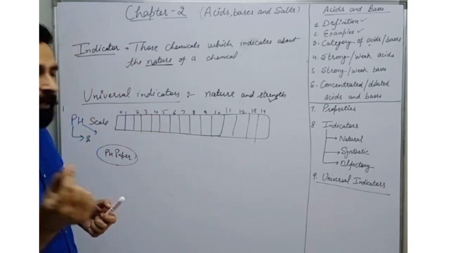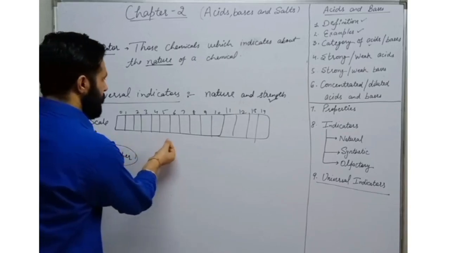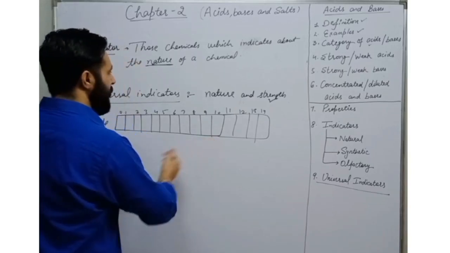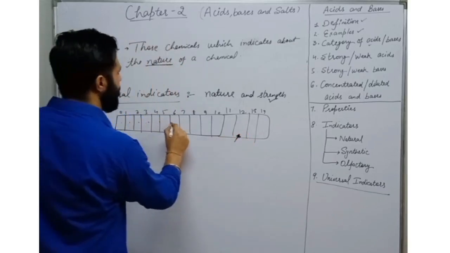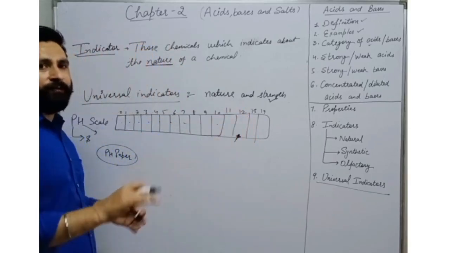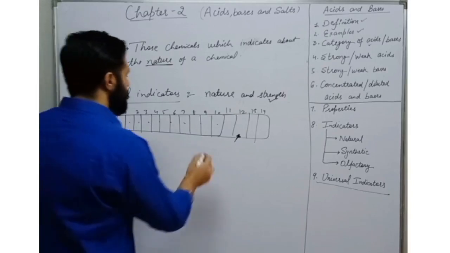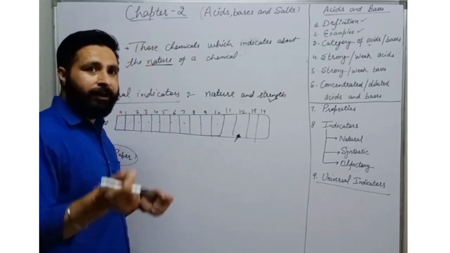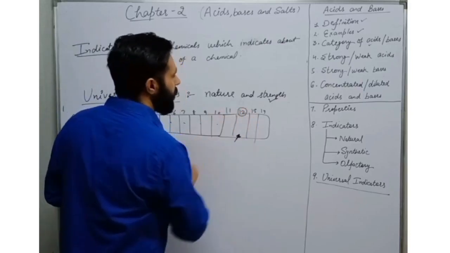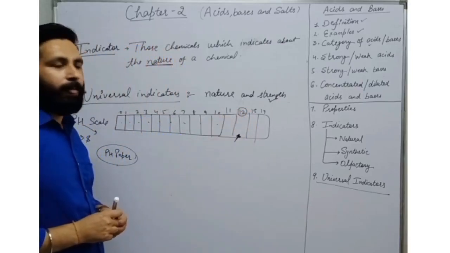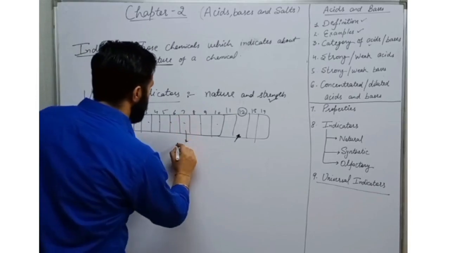Now match the color with this scale. Suppose its color matched with this color. They all are having different colors. Every color is different. Suppose that pH paper, after dipping in chemical, its color matched with number 12 color. So 7 is neutral.